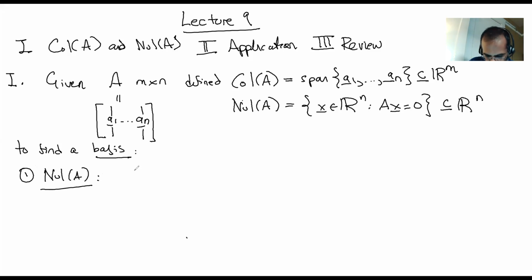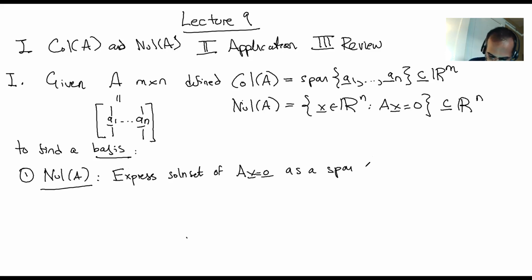You're looking for a basis of the set of solutions of AX equals 0, and that set of solutions is parameterized by the free variables after you compute the row echelon form. If you just write that as a span, you get the basis. So you just express the solution set of AX equals 0 as a span parameterized by the free variables.